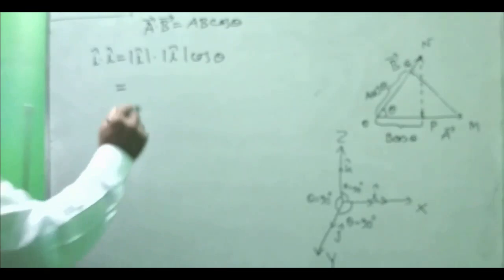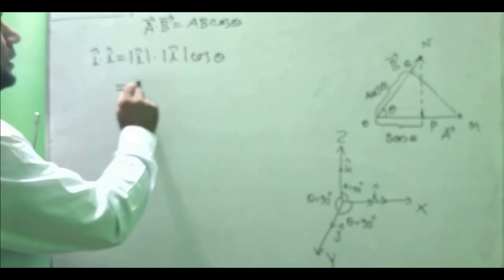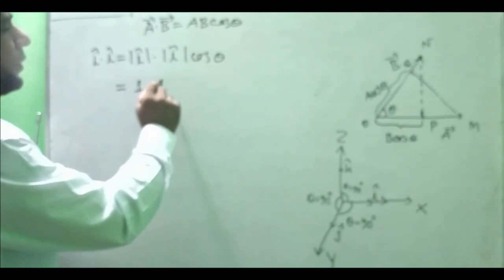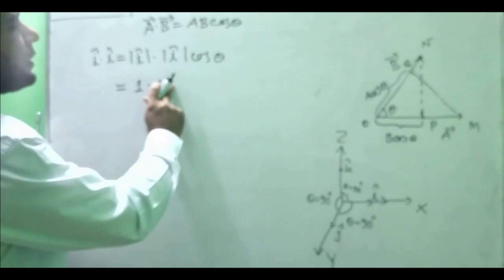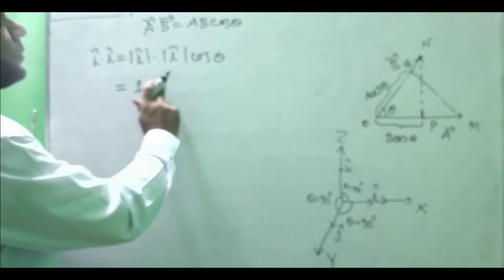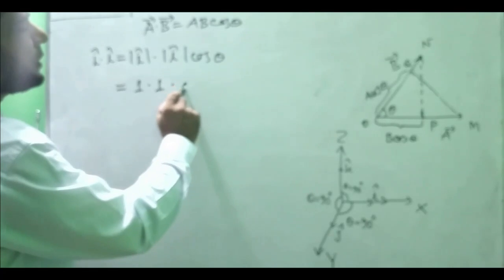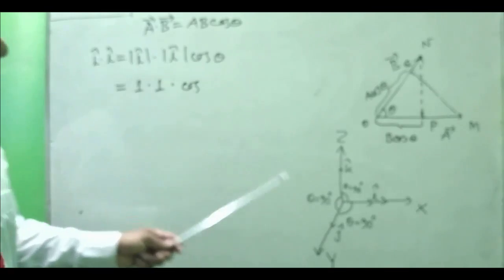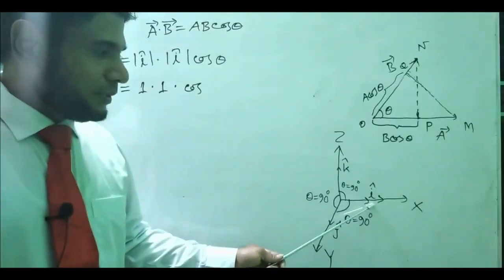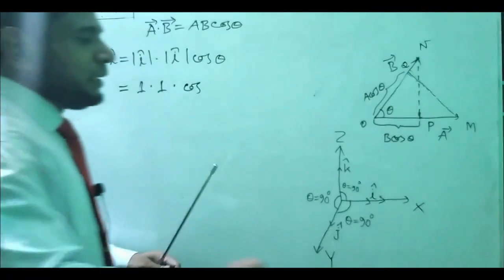So let us substitute the values. The value of I cap is 1 here, and the value of I cap is 1 here. Now what will be the value of cos theta here? The angle between I and I, the angle with the same vector, what will it be?